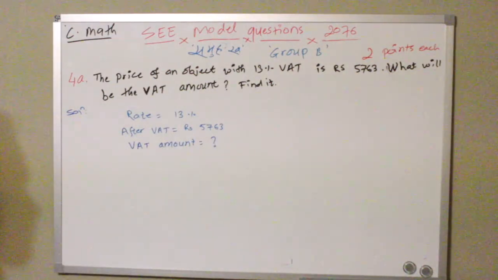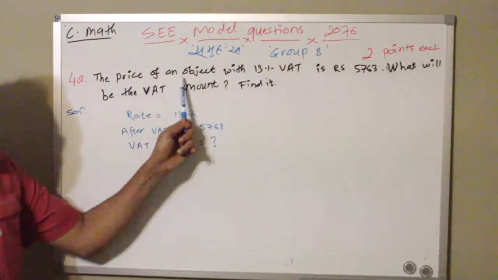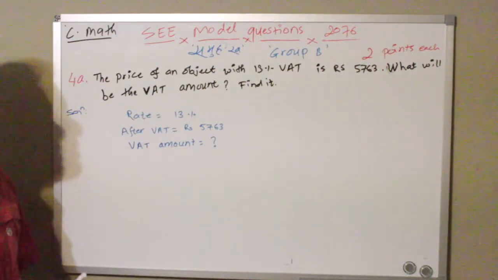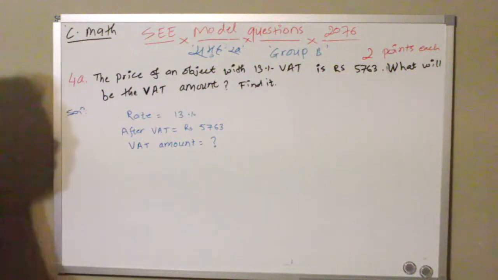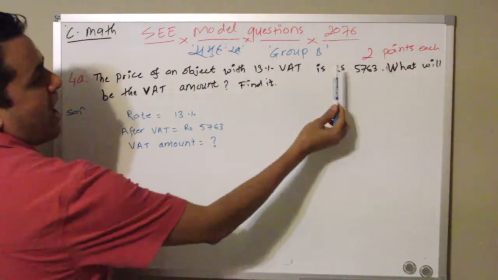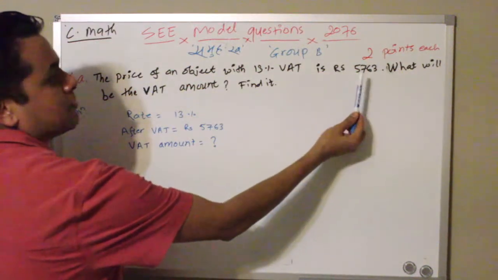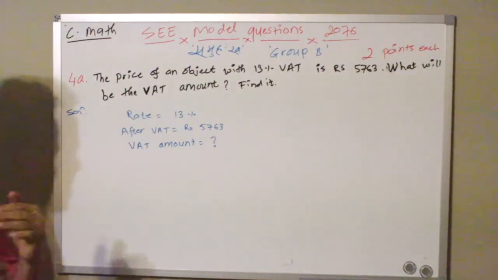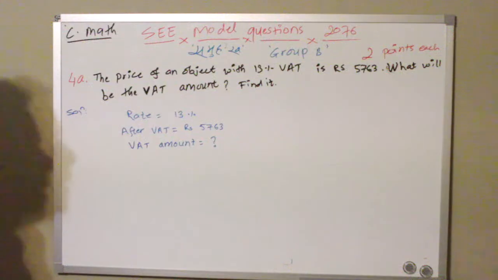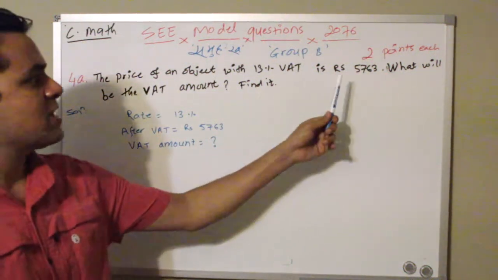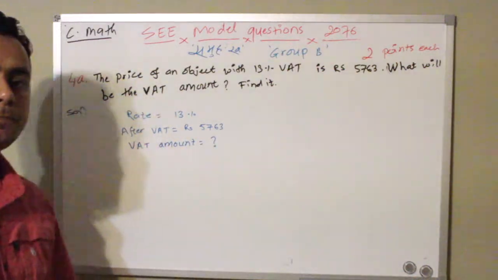But the problem here is we don't have the price of an object. We do not have any price. However, we are given the price after the VAT, which is 5,763 rupees. So now I have to calculate what is the VAT amount that I have to pay, so that my price of the object after VAT would be this.